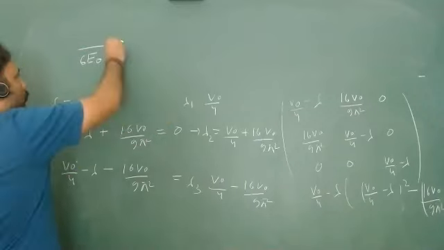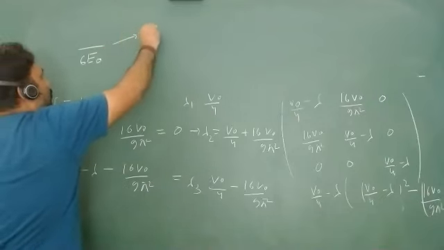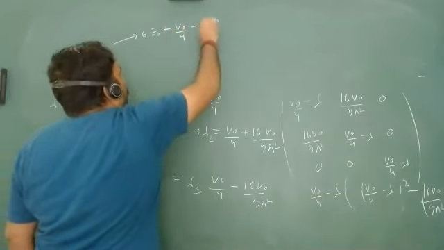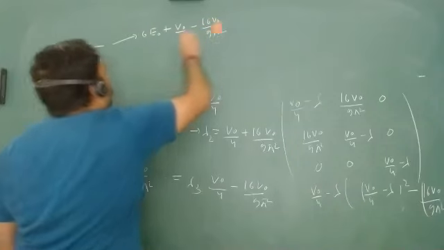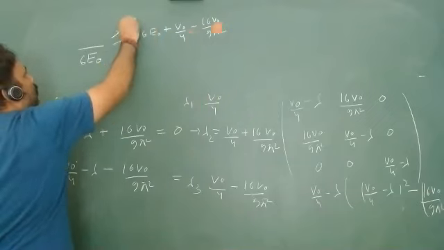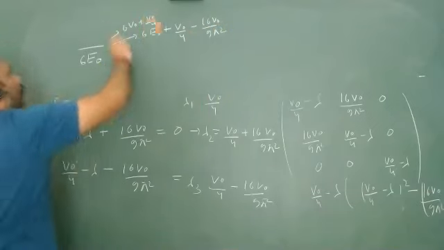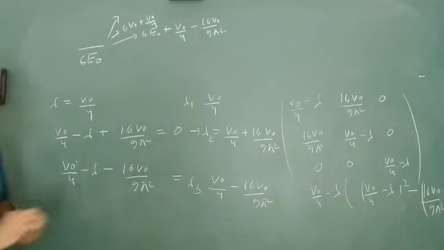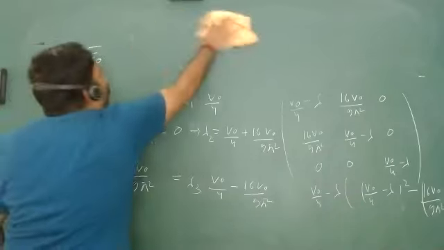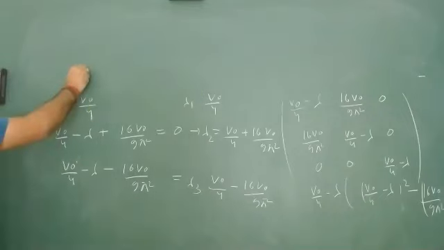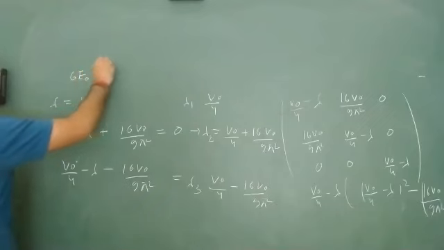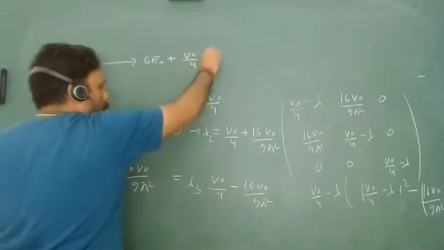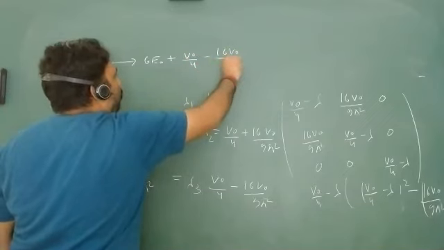The first part will be 6 E naught plus V naught by 4 minus 16 V naught upon 9 pi square.